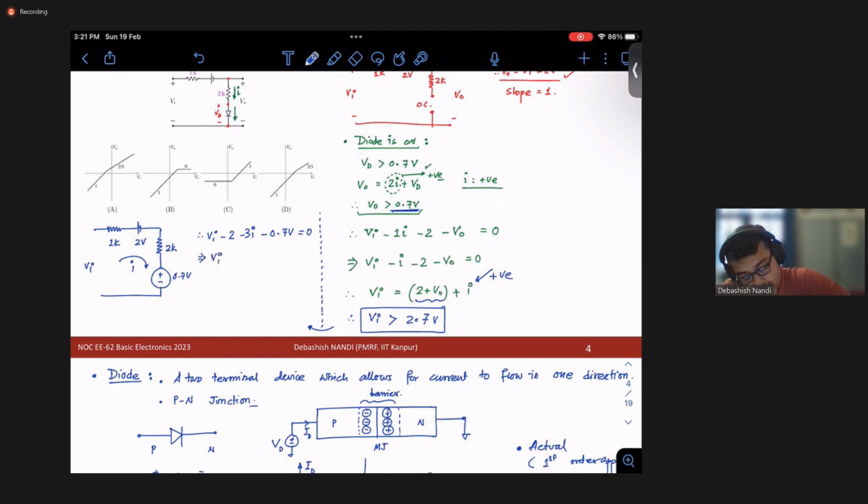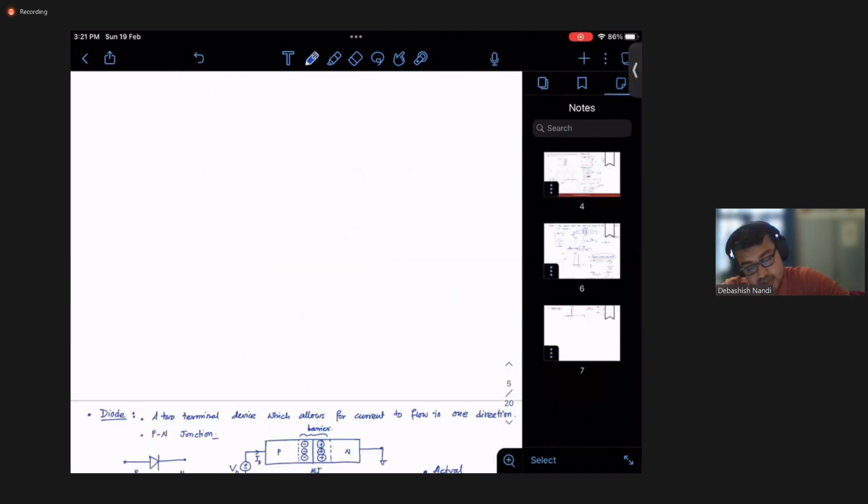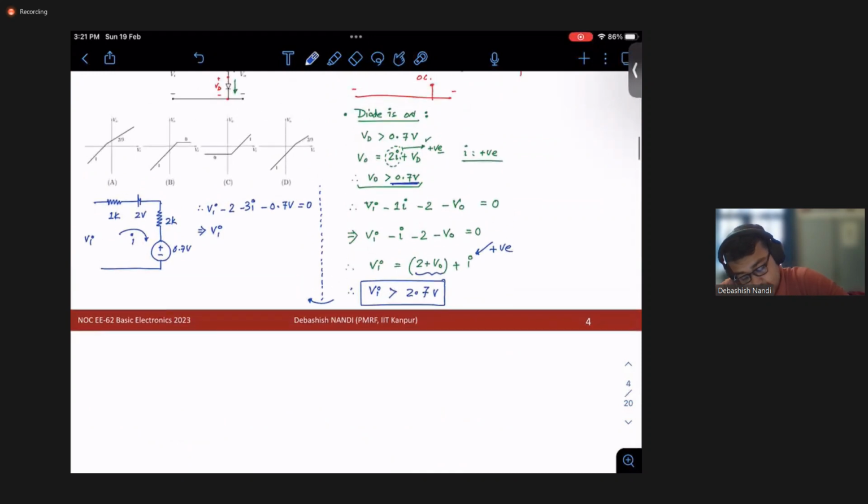So your Vi is equal to 3I plus 2.7, right? That means your Vi is 3I plus 2.7.